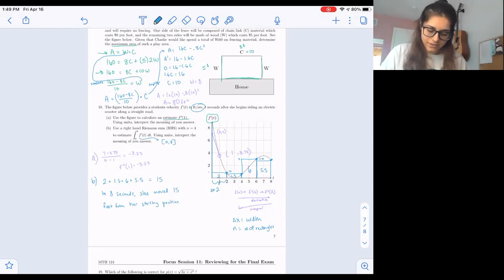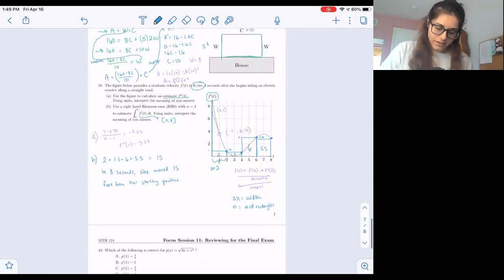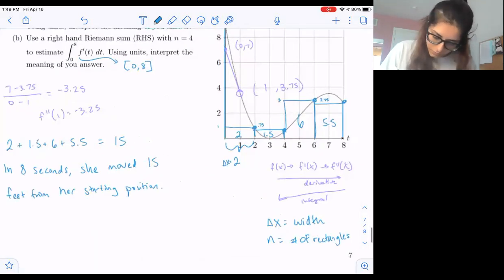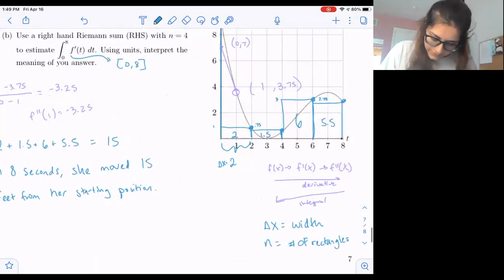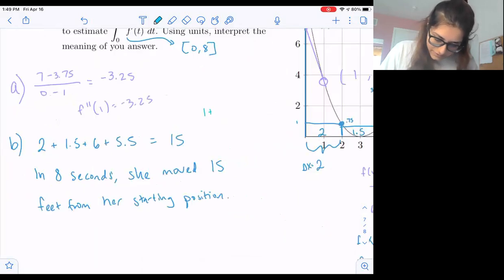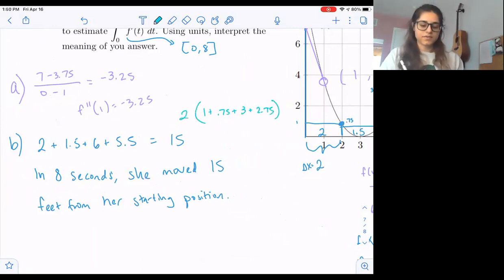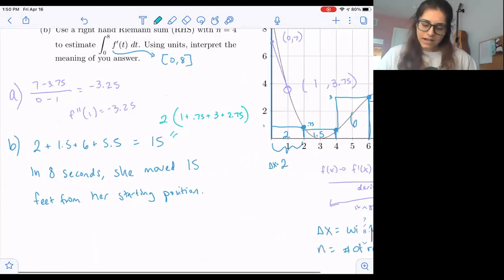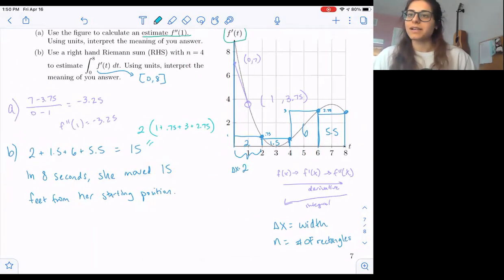So you can actually also do this by doing 1 plus 0.75 plus 3 plus 2.75, and then multiplying that by 2. And that would also equal 15. Those are two different ways of doing it. As I calculated the areas, I was multiplying by 2.